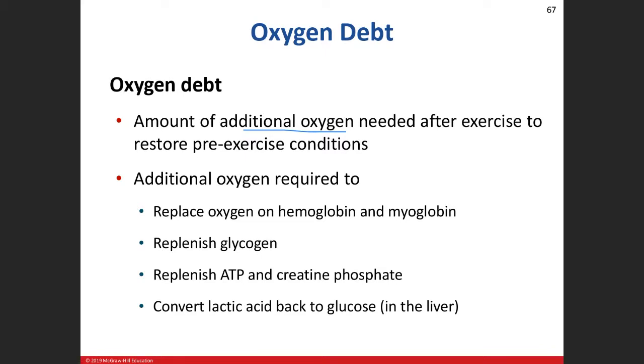I know that some folks, their rest time in between repetitions, they should use it wisely, mainly because of oxygen demand. We want you to restore your oxygen levels to how they were, get them as close to what they were before you started working out. Ideally, it's so we can replace the oxygen on our hemoglobin and myoglobin.